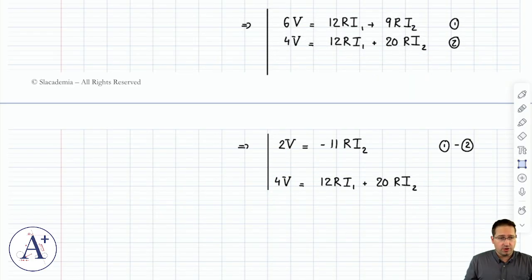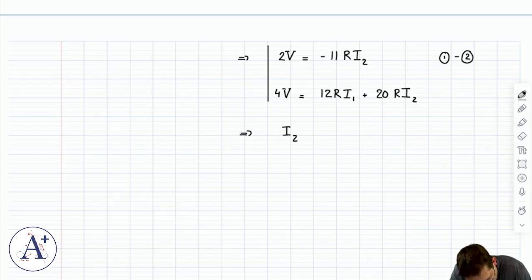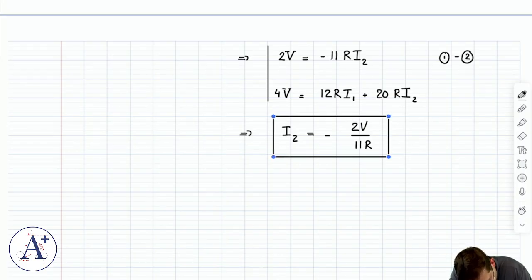I randomly picked one of the two. Okay, so then this is going to get me I2. Now I2 is going to be minus 2V over 11R, because the R doesn't go away. There you go. So now I know I2.